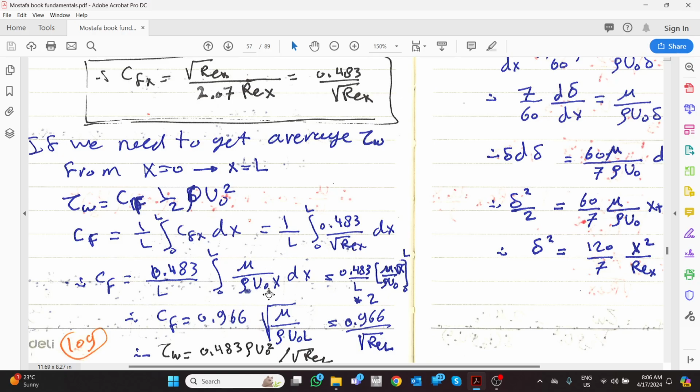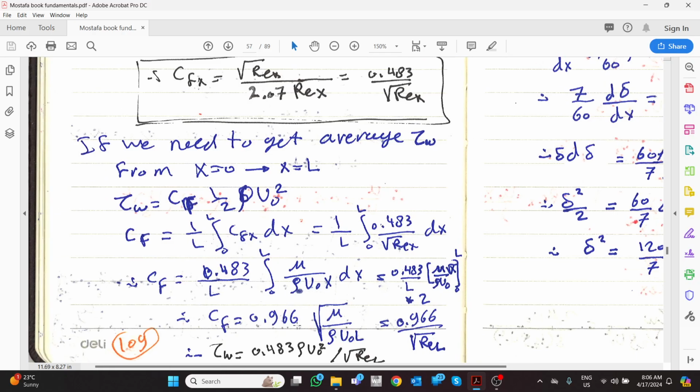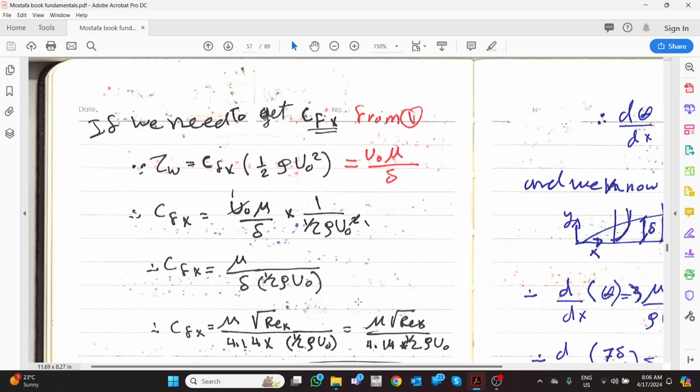Then you will get the function of CF, which is equal to a function of Reynolds number total, because it is mu over rho mu. So you can write that tau average is equal to CF, which is this tau, multiplied by half rho u square.